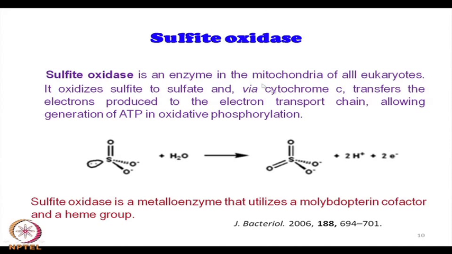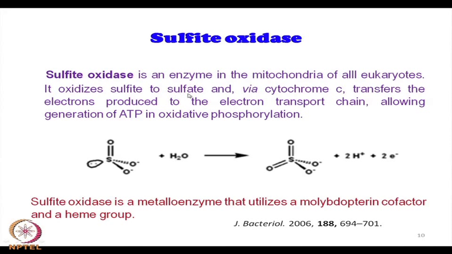We all know these are very useful biological systems, very mild systems, and sometimes we get to know that they go via some cytochrome C, which is basically the source of electrons, because we are not using any other chemical reducing agent or an electrode system for this electron transfer. This transfers the electrons produced to the electron transport chain.